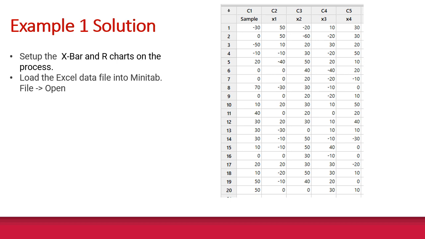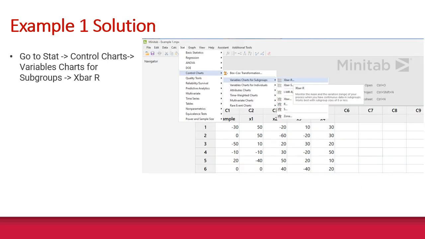Or you can cut and paste and put it in Minitab as well. To plot a control chart, you go to Stat, Control Charts, Variables Charts for Subgroups, since every hour we pull five samples from the assembly line. So we have subgroups. X bar R is what we want to plot here.